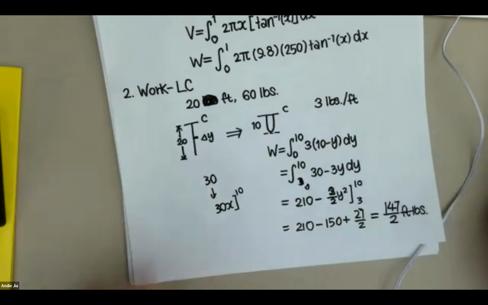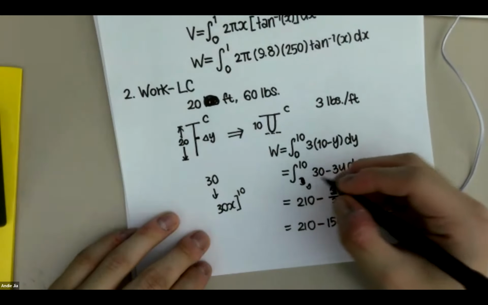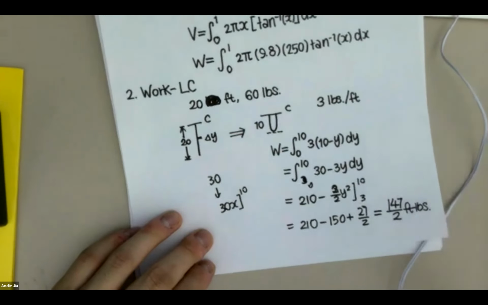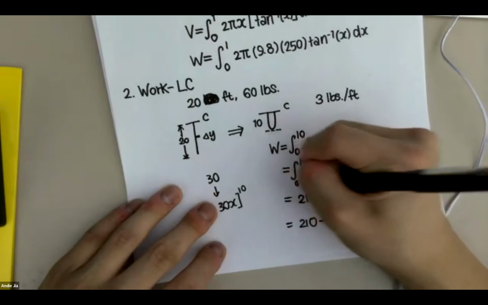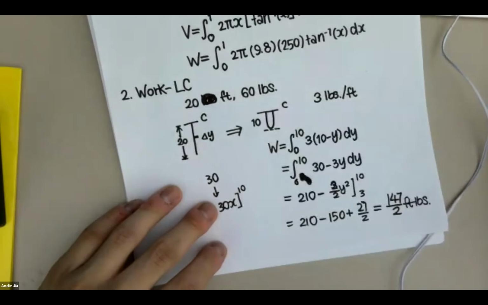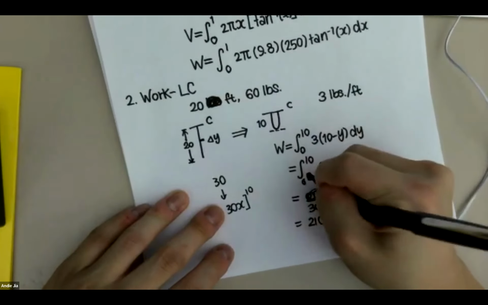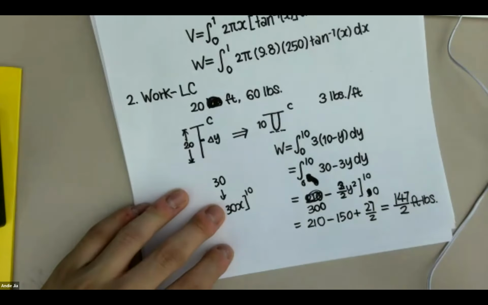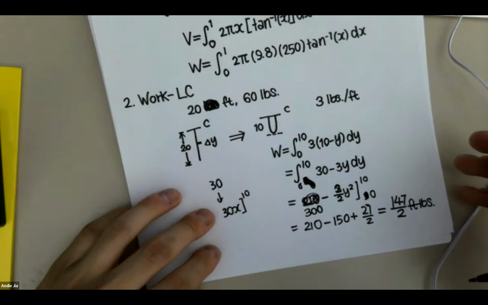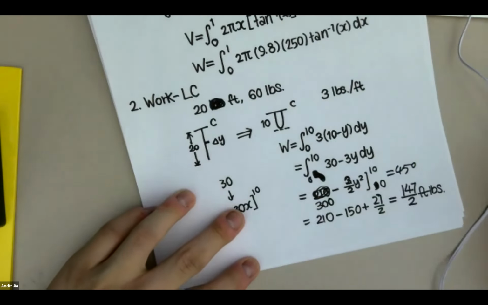Sorry, thanks for catching me, because my lower bound should be 0, not 3. I'm sorry for the mistake. Thank you for catching that. So the total is 450.